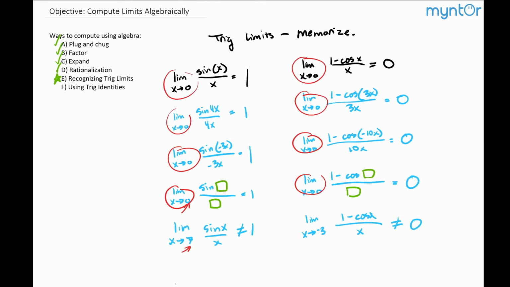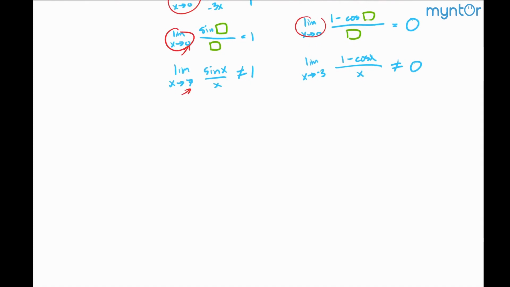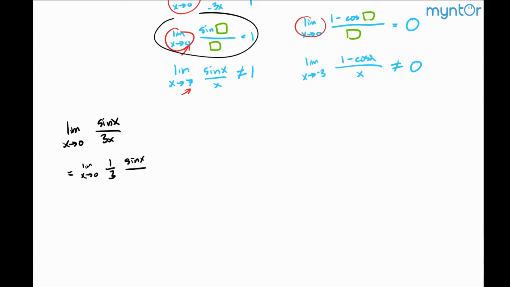So how might we actually use this? I'm going to scroll down here for a second. What we can do is simplify expressions so they end up looking like these functions. For example, let's say that I need to take the limit as x approaches 0 of the function sine x over 3x. This simplifies to the limit as x approaches 0 of 1 over 3 times sine x over x.